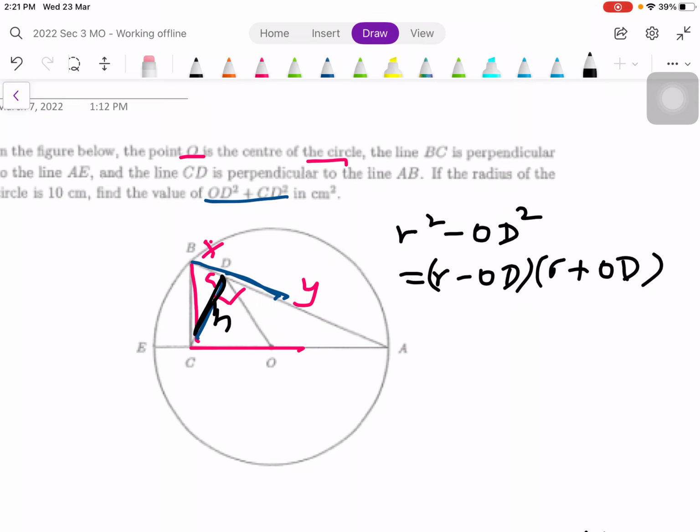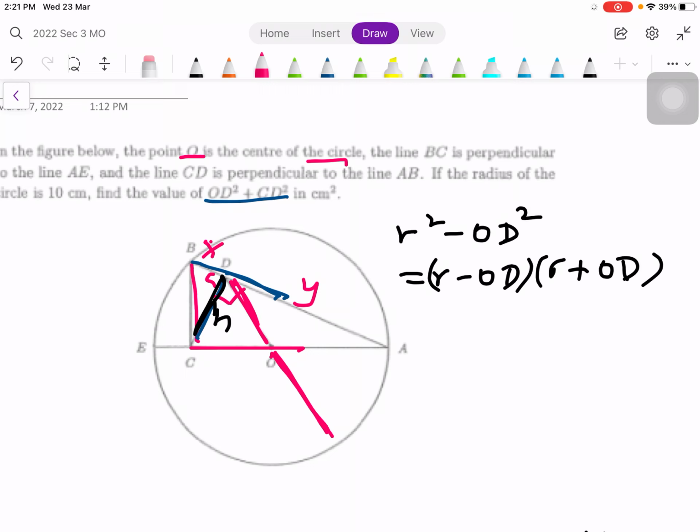And then what is r plus OD? Take note, can you see that this is r, and then plus OD.